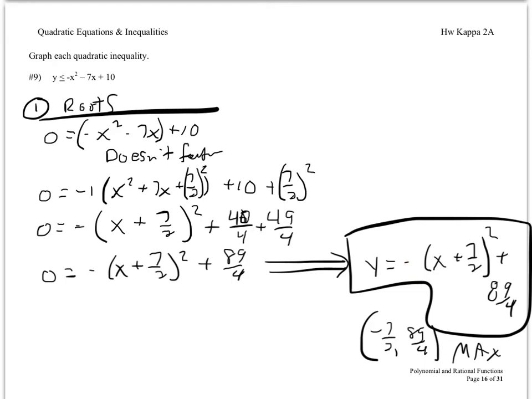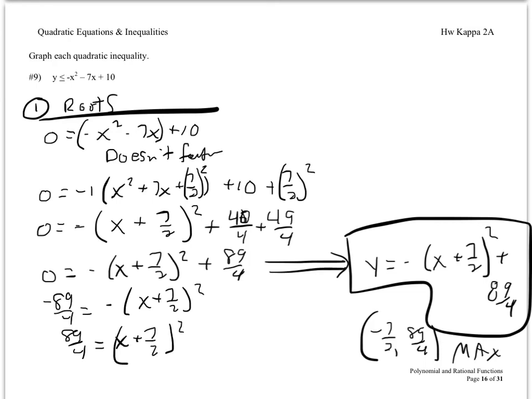Subtract 89/4 from both sides. Divide both sides by negative 1 to get rid of the negative in front of the parentheses. And we square root both sides. If you square root 89/4, I'm going to continue this work up here at the top.